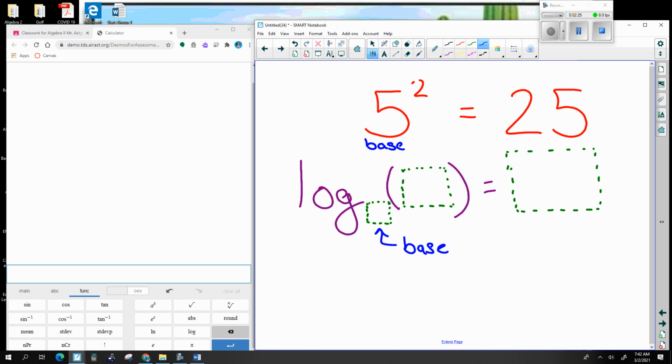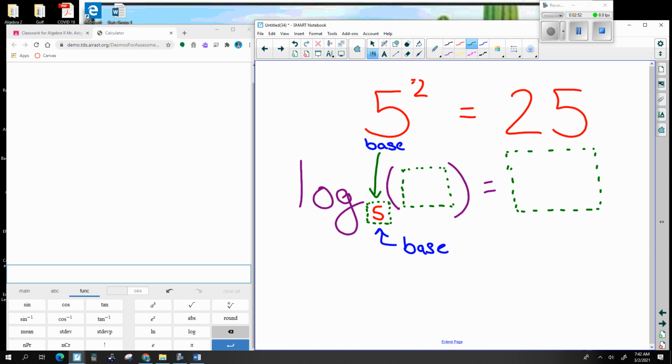So if I were writing 5 to the second power is equal to 25 as a logarithm, this base would be 5. It's a little subscript number next to the log. So that base is 5. The base just drops down.